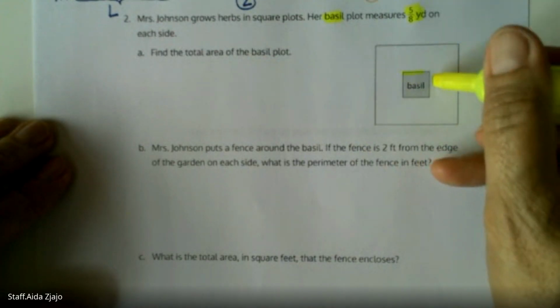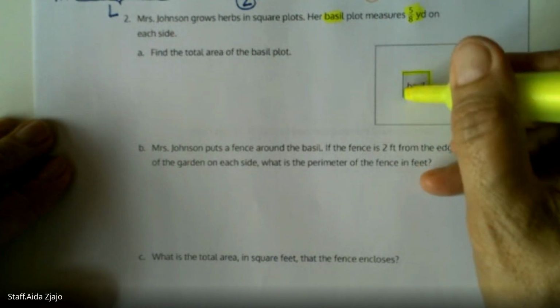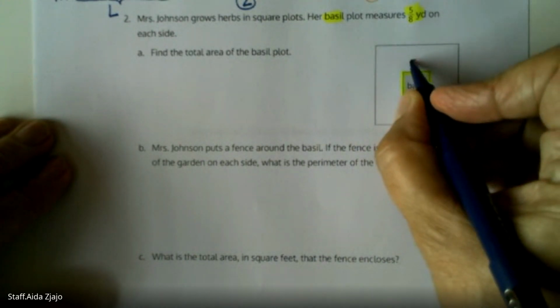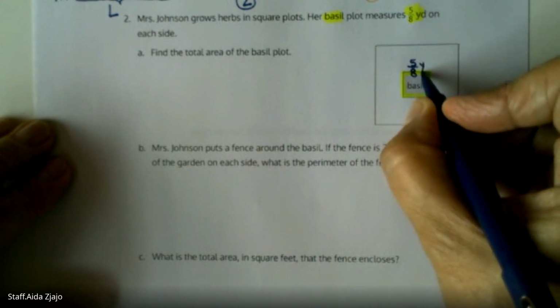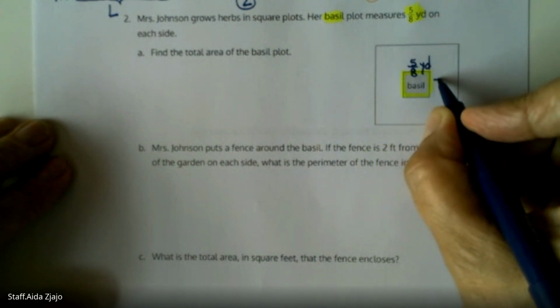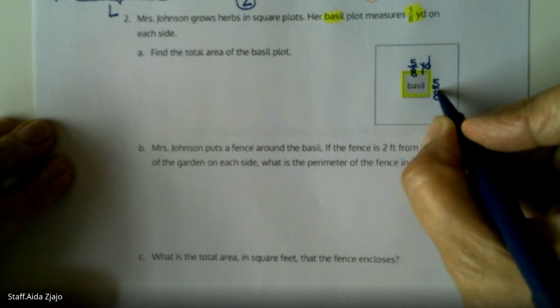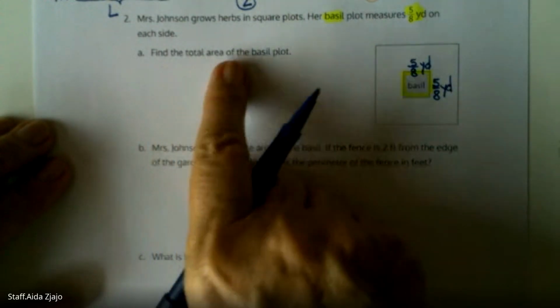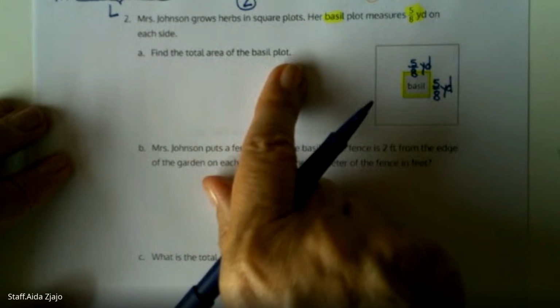So 5/8, 5/8, 5/8, 5/8 yard. Find the total area of the basil plot.